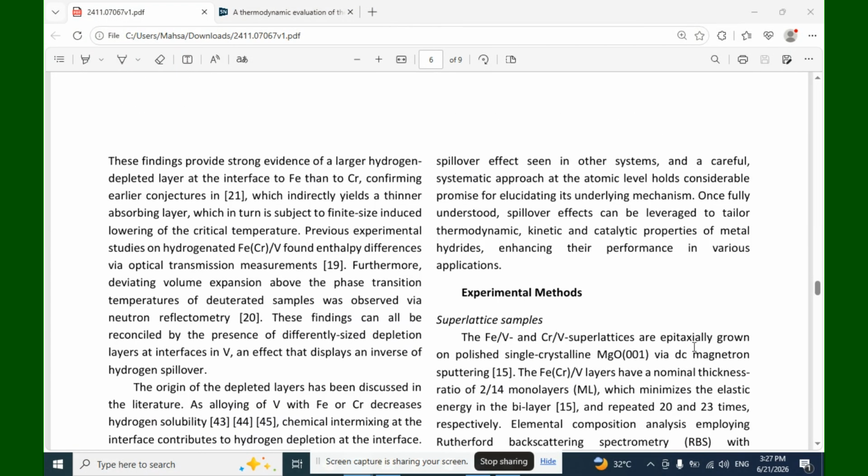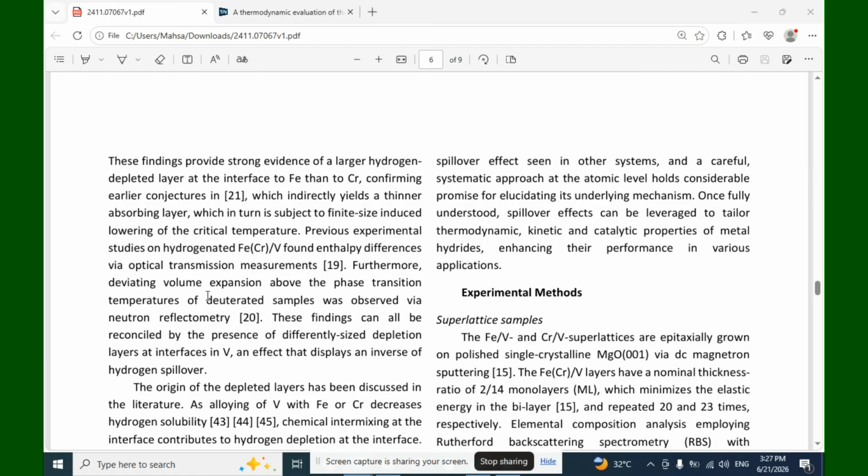These findings provide strong evidence of a larger hydrogen-depleted layer at the interface to Fe than to Cr, confirming earlier conjectures, which indirectly yields a thinner absorbing layer, which in turn is subject to finite size-induced lowering of the critical temperature. Previous experimental studies on hydrogenated Fe/V found enthalpy differences via optical transmission measurements.